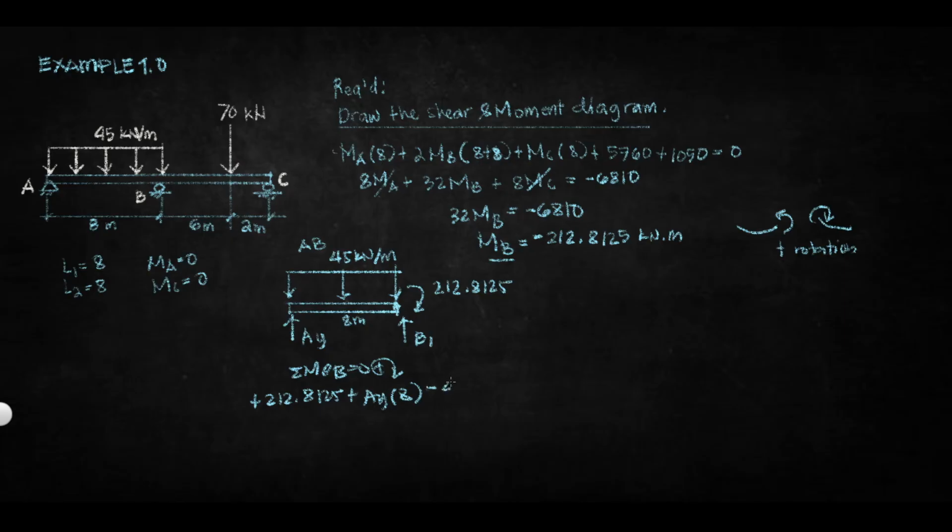So minus 45 times 8 times 4 is equal to 0. What is your AY? So I have 212.8125 minus 45 times 8 times 4, negative 1227.1875.